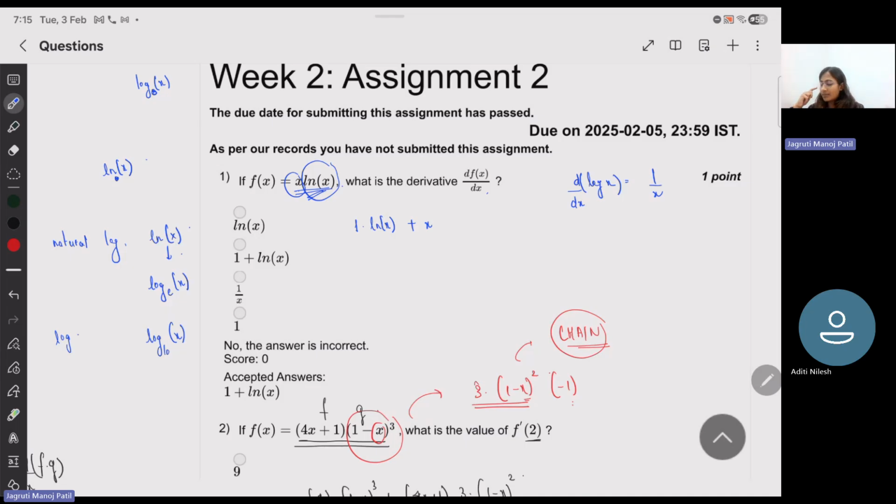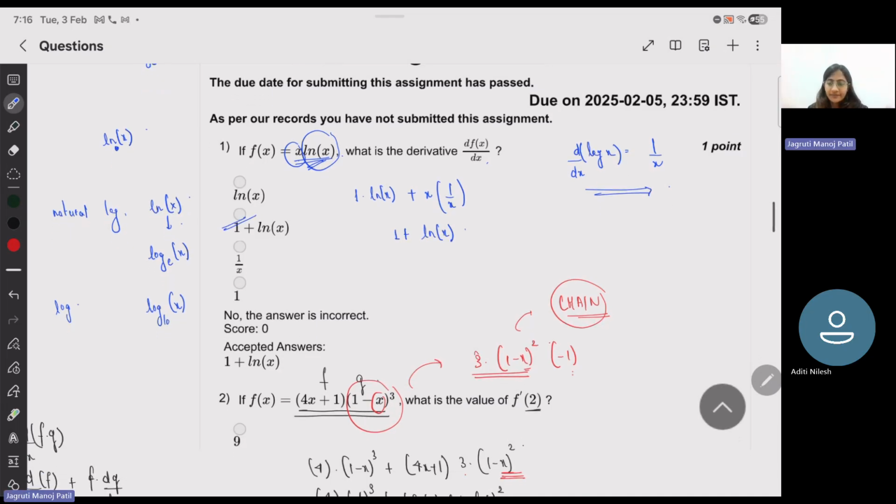Perhaps in the next session I can introduce you to log and the properties of log. But for now, you can just remember this formula that the derivative of log x is 1 by x. So when we do it for 1 by x, the x is cancelled and the answer comes as 1 by log x. Any questions?